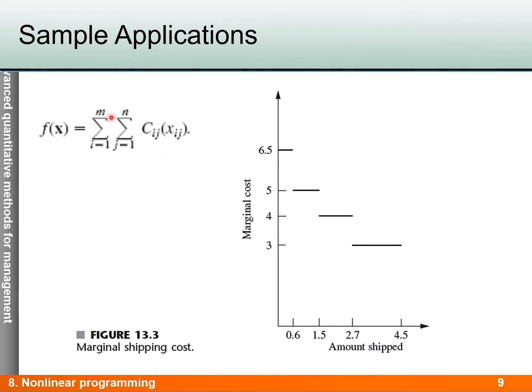The summation of all these shipments, for source I from 1 to M and destination J from 1 to N, will be the summation of Cij multiplied by Xij. I repeat, guys, at this moment we are just getting familiar with the concept of nonlinearity, and here we see the effect of marginal cost and nonlinearity on marginal cost.